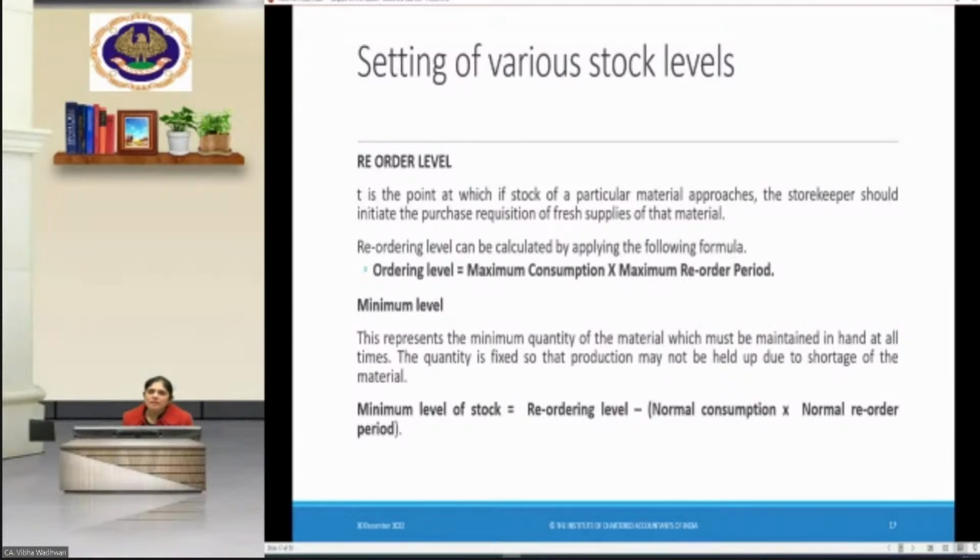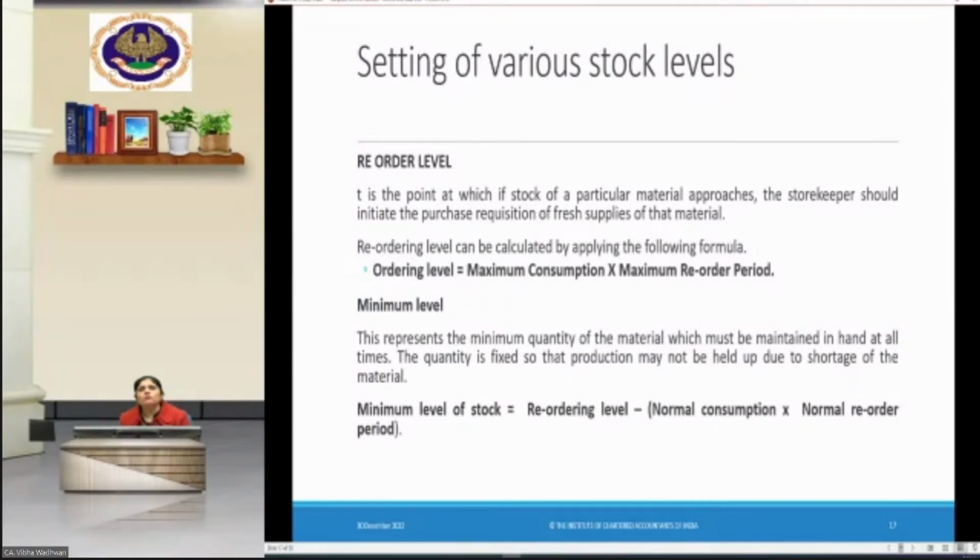That means now it's time to purchase the material, because the stock has reached, for example, 200 kg. So reorder level is the point at which you have to go for the next purchase. The storekeeper will send a purchase requisition to the purchase department that now it's time for the next purchase of this material, because we have reached the level of stock where we should place a purchase order.